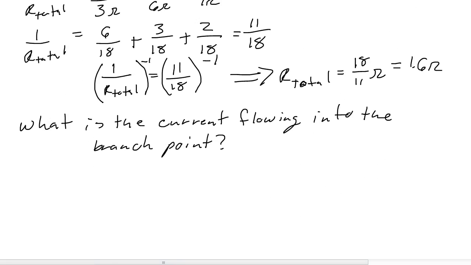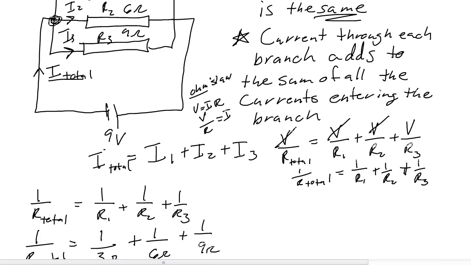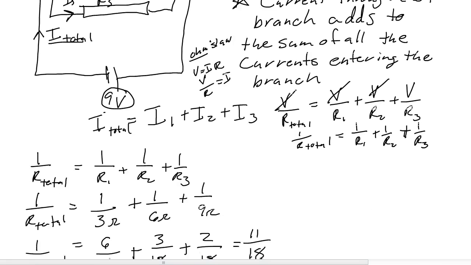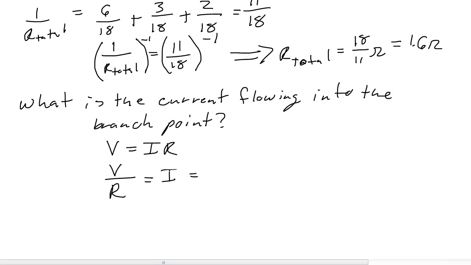And so I know that I can use Ohm's law for almost everything. So V is equal to IR. Trying to find current, so I'll solve for current. Okay. My voltage is 9 volts, because that's what the voltage of the battery is.